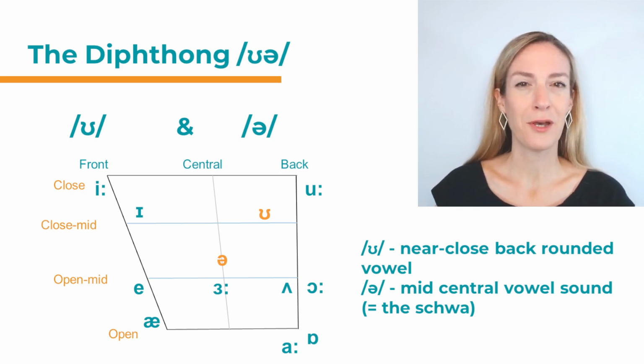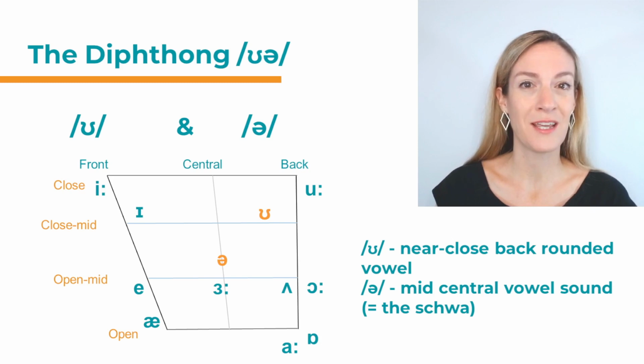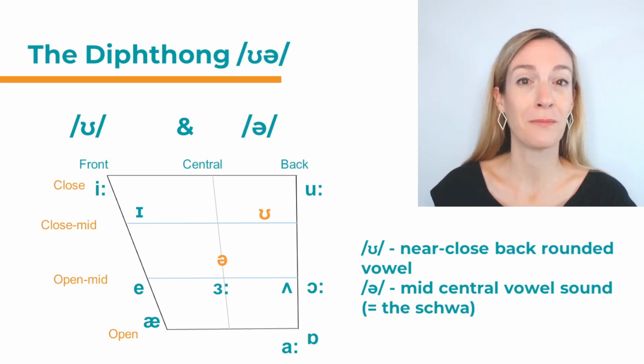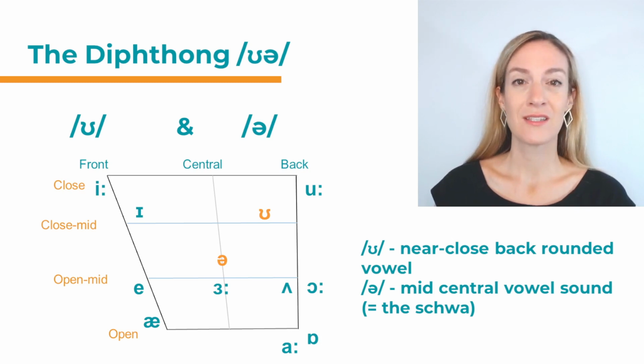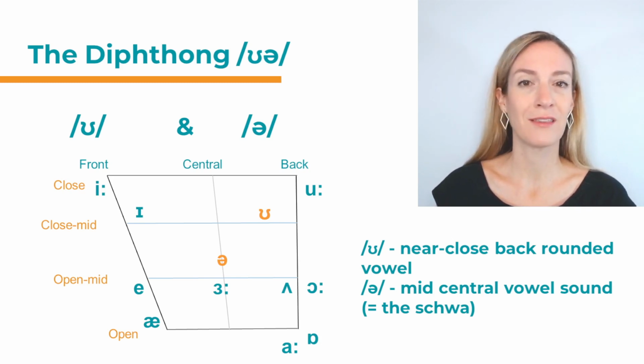Now, the schwa plays an important role when we speak naturally in English, and I've got another video dedicated to it. Make sure you watch that one to find out more about the schwa sound. So to produce the schwa sound, just relax everything, your lips, your cheeks, and produce a short sound. And that is the schwa.